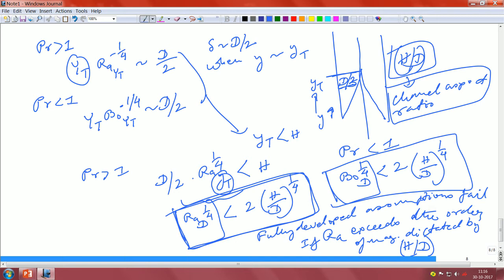So, this part was very crucial. I hope it is understandable that the h by d ratio, the channel aspect ratio, plays a very major role. If this aspect ratio is very small, that means d is much larger than h, so the merger parameter may not always be satisfied. Similarly, you can have other scenarios, such as very short channels.